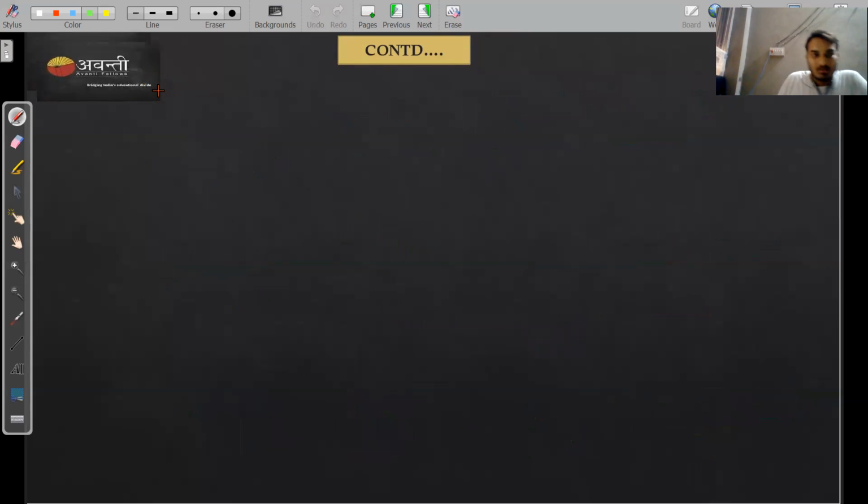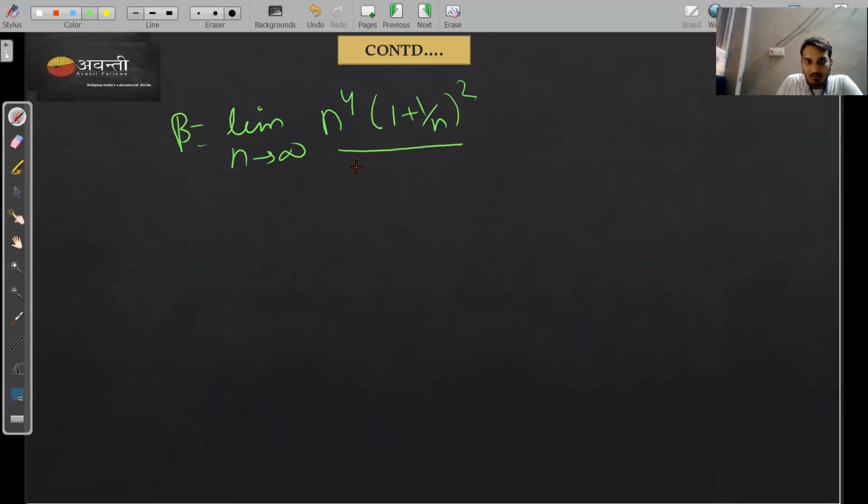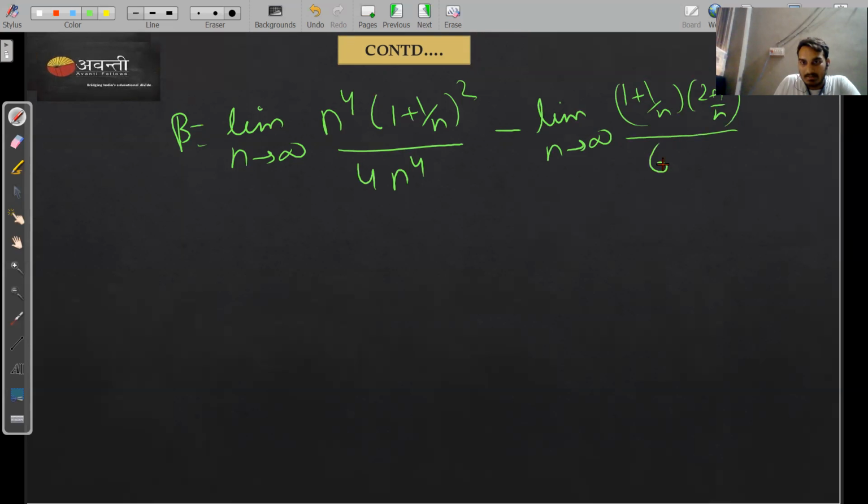So beta is limit n tends to infinity. Taking n common in the numerator, it becomes n raised to the power 4 times 1 plus 1 by n whole square divided by 4n raised to the power 4, minus limit n tends to infinity, 1 plus 1 by n, 2 plus 1 by n divided by 6n.